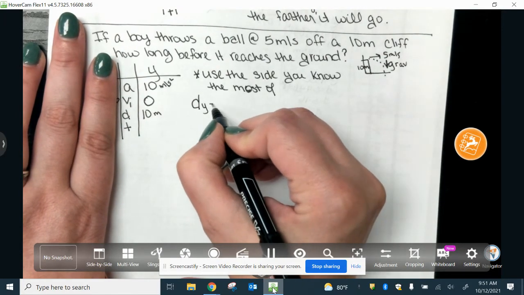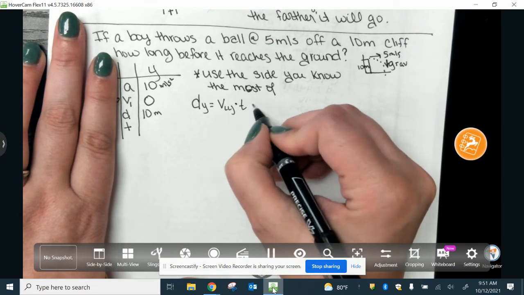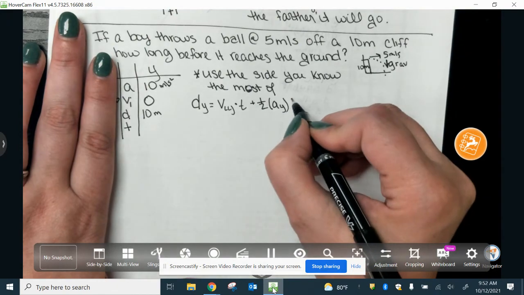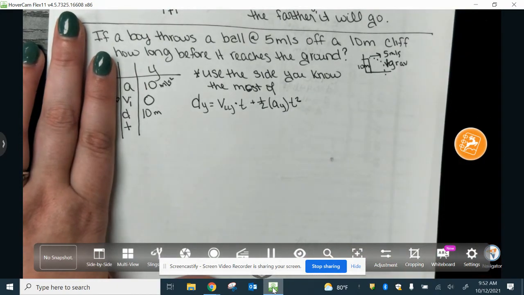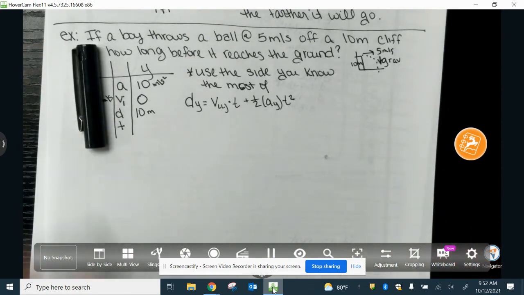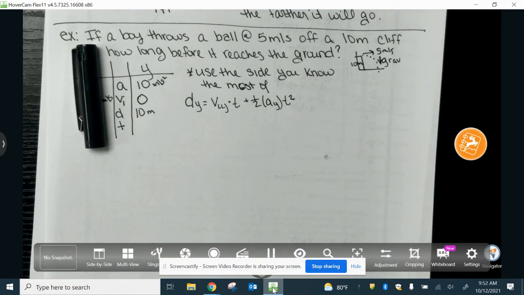So my distance in the y direction is my initial velocity in the y times time plus 1/2 times my acceleration in the y direction times t squared. This looks very similar to the equation that we've been using forever.